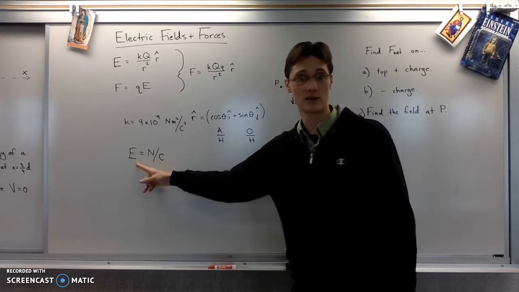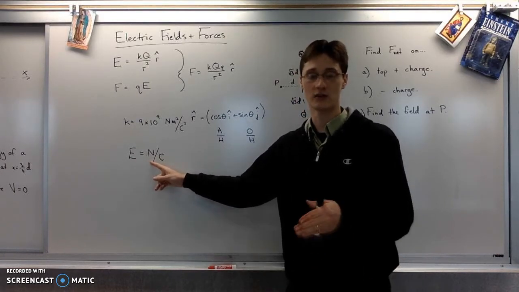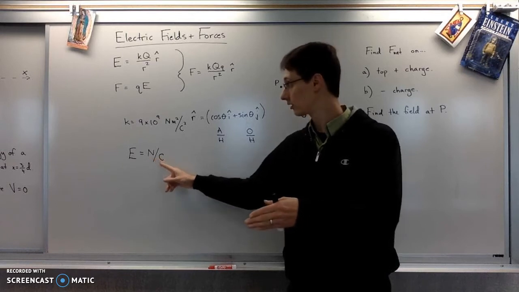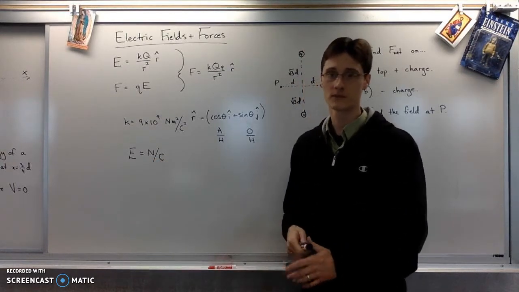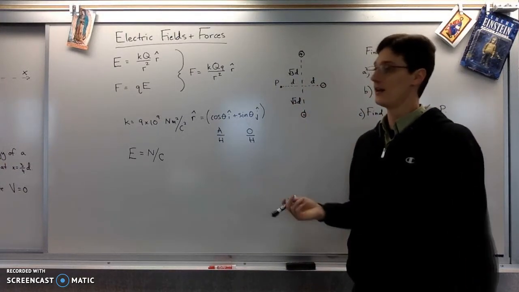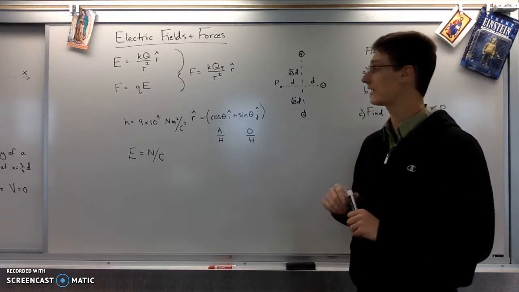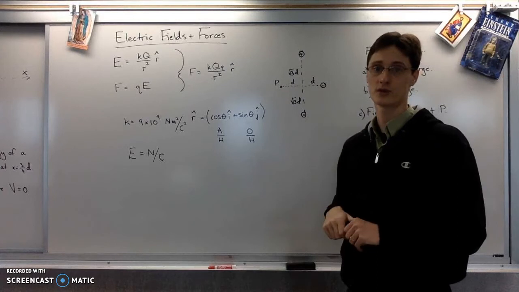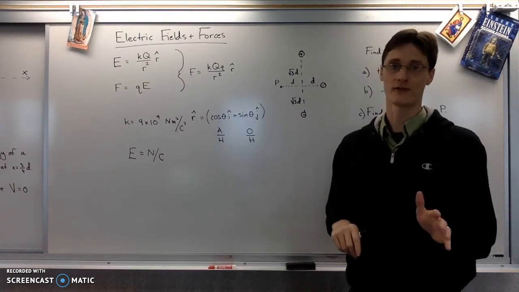The meaning of this unit for electric field is it tells you the number of newtons that act on a charge per coulomb of charge on that charge. So if I were to calculate the field here and we get that it's like 5 million newtons per coulomb, that would mean that if I then put a 1 coulomb charge there, it would experience 5 million newtons of force. That's never reasonable.